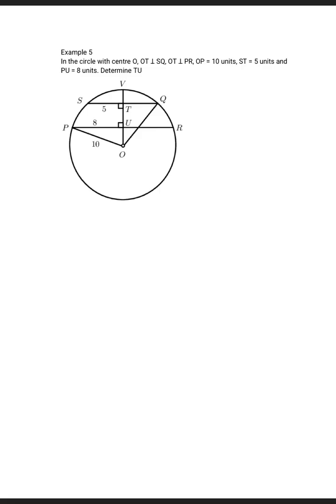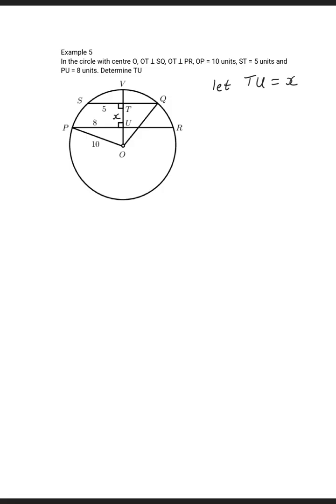We're going to start by saying let TU be X. So I'm going to put X here. By letting TU be X, it will make the mathematics simpler for us to deal with. Then we can use the information that we have.